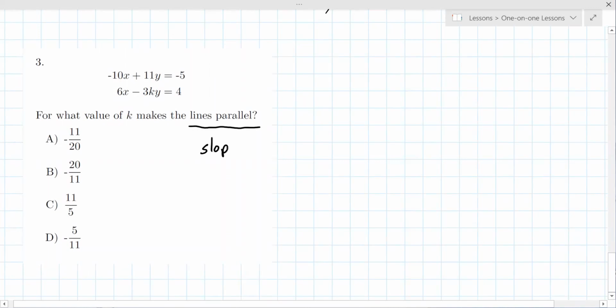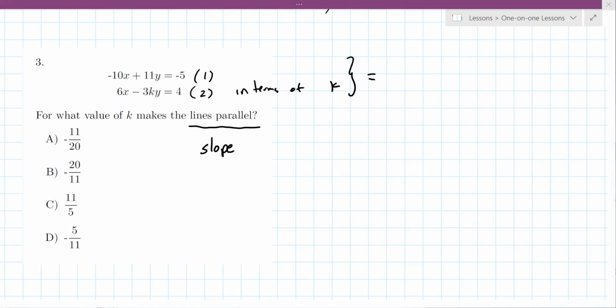Yeah. So you've got to get the slope of line 1, and then you've got to get the slope of line 2, which will be in terms of k, and then you set them equal. Okay. So give that a try. See if you can find the slope of equation 1. So the slope is 10.